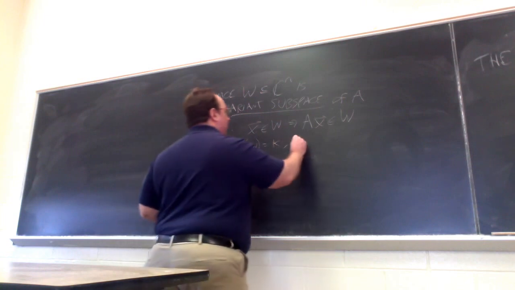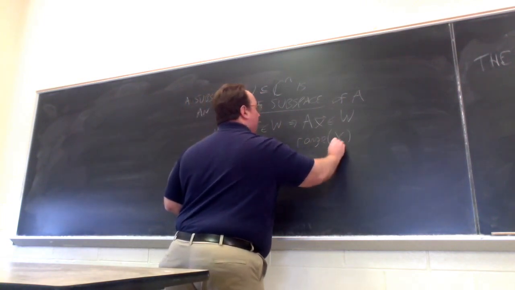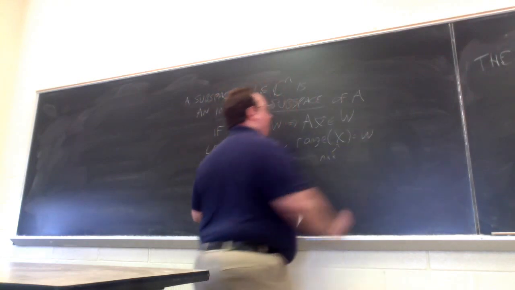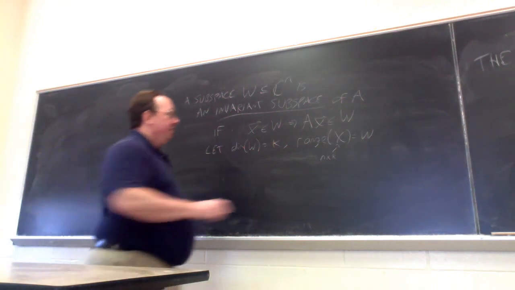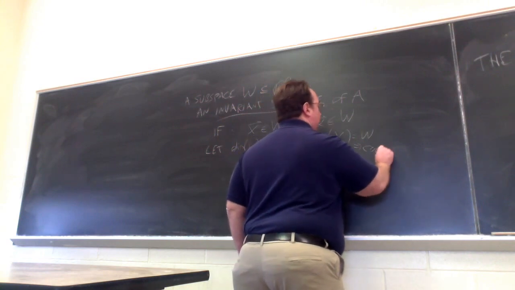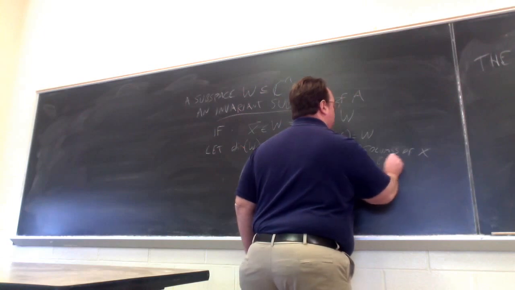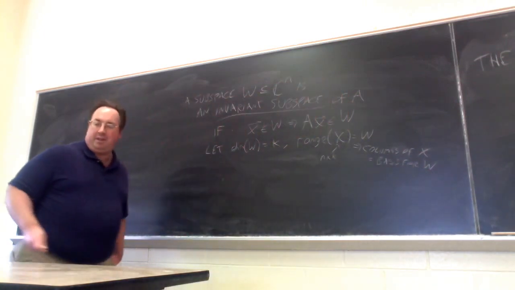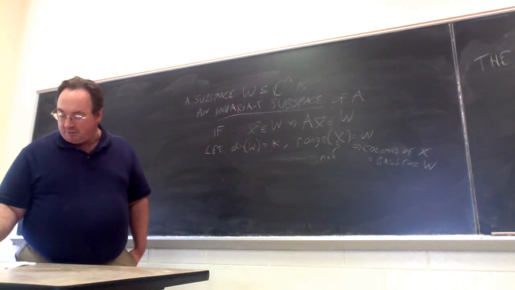And let's suppose that I have some matrix X, where X is n by k, and it spans W. And what that means is, the only way that can happen is the columns of X are a basis for W. So let's suppose that we have this k-dimensional invariant subspace and we have a basis for it.